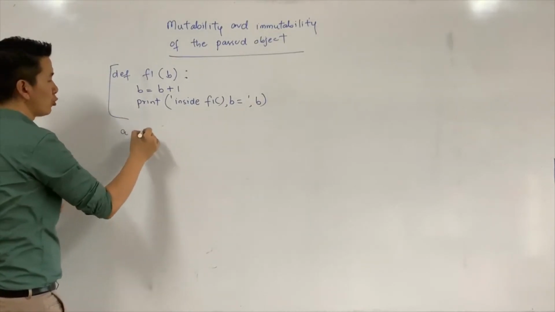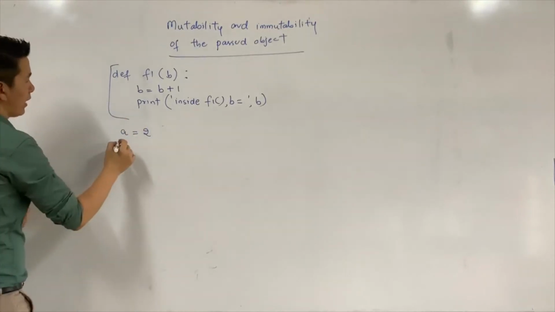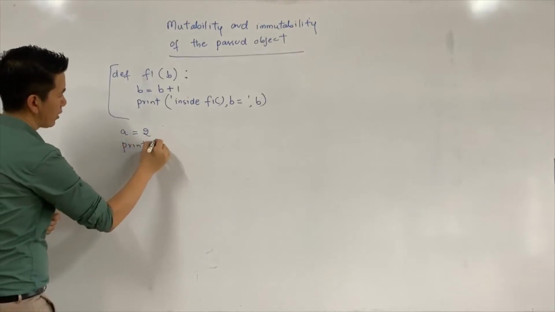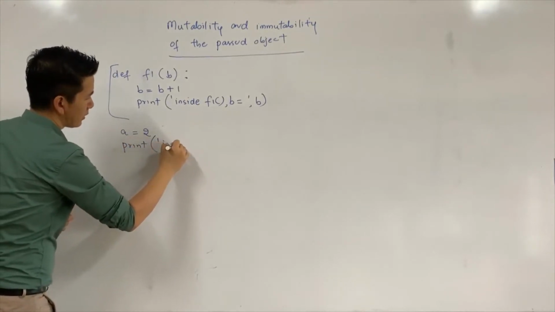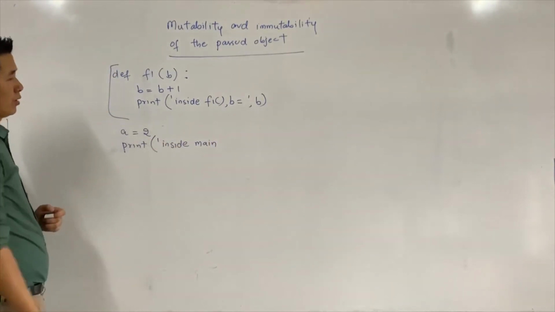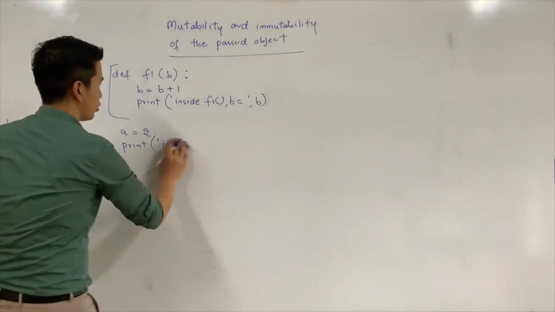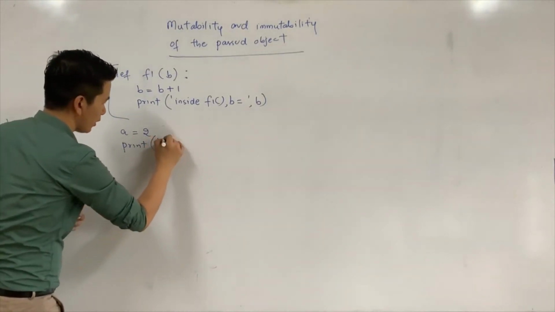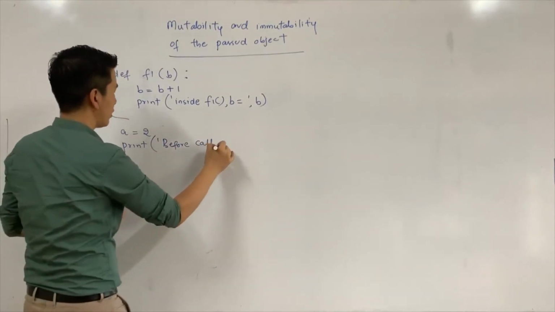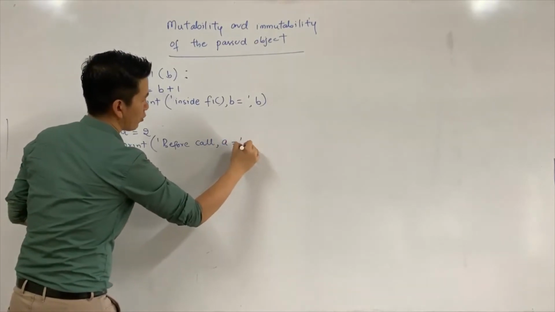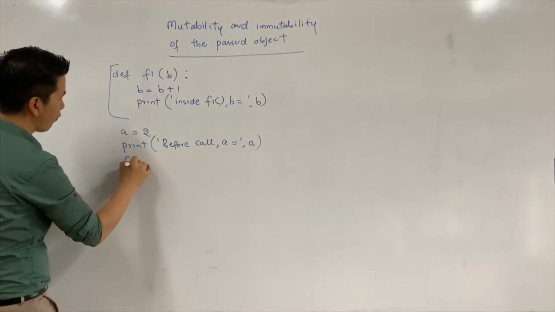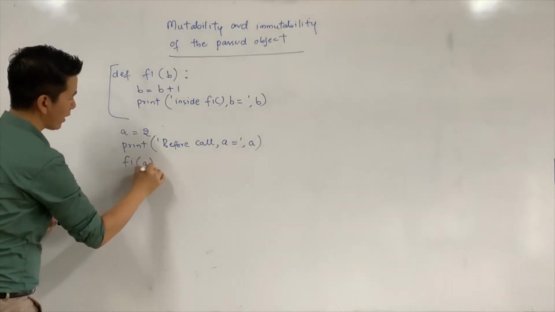And then the main part of the program, let's say you have a is equal to 2, right? Then just right here, print a message, before function call, a is equal to a, and then let's call the function f1 and I send the argument of a, right?